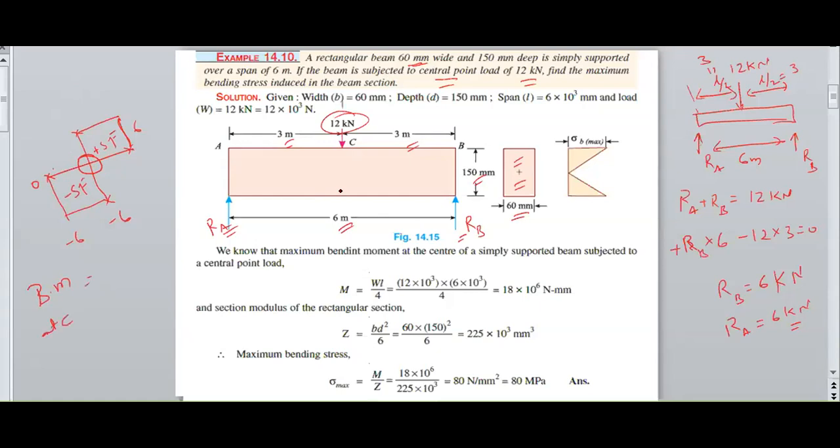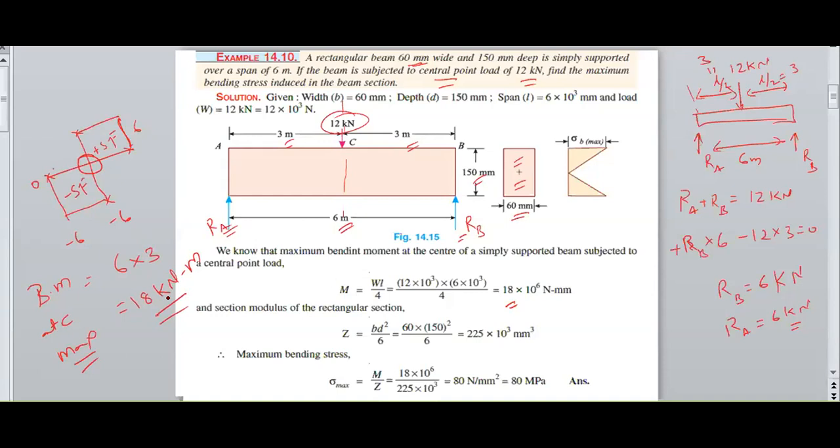Now I need to consider the section at C. RB into distance is 3, so 6 into 3, and 12 into distance 0. So I am getting 18 kilonewton meter as the bending moment at C, which is the maximum value. So that is this value.